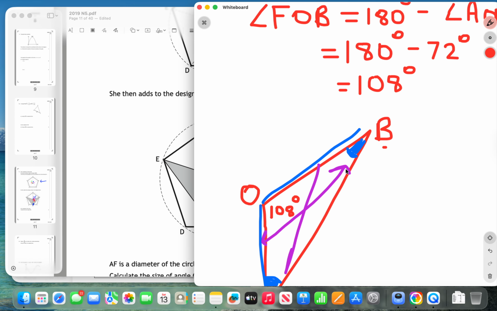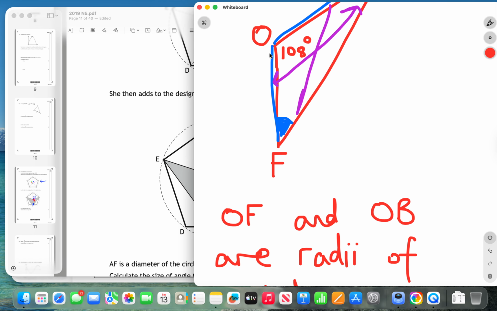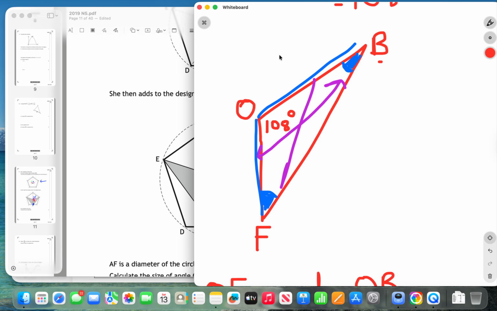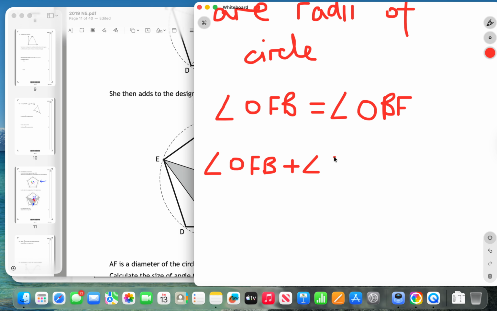And we know that the sum of OFB and OBF has to be 180 minus 108, because this angle uses up 108 of the total 180, because the total of the angles must be 180, so the other two combined must be 72.